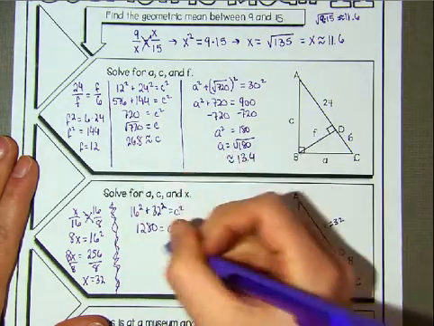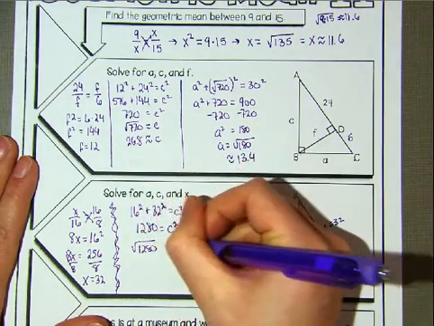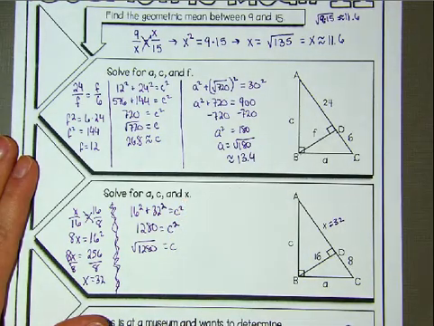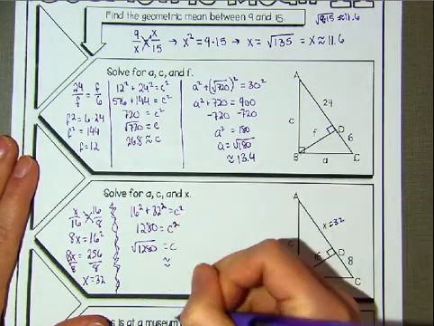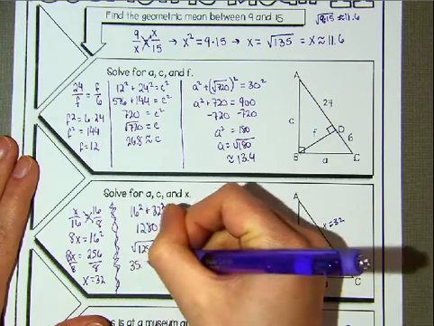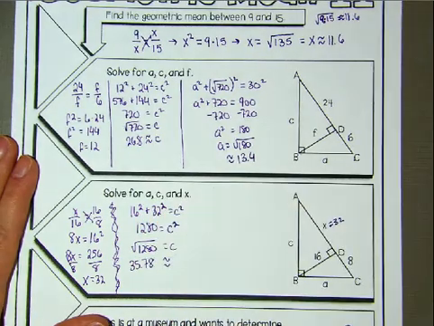We take the square root of 1,280, that's going to give us c, or approximately 35.78.